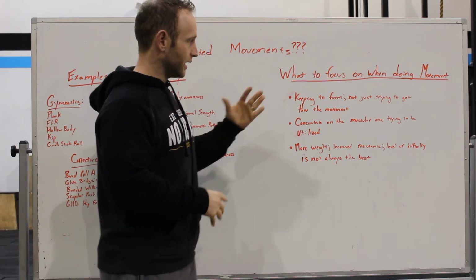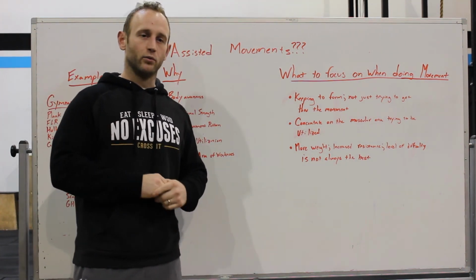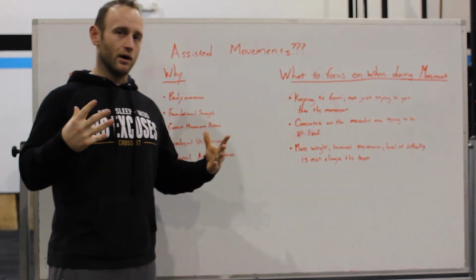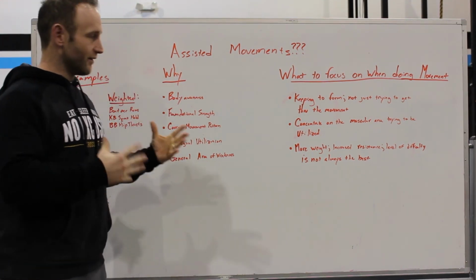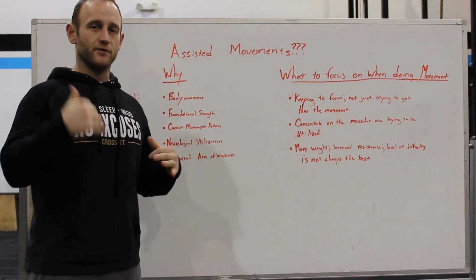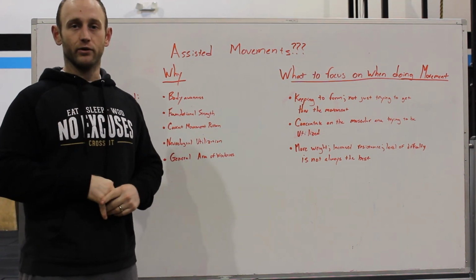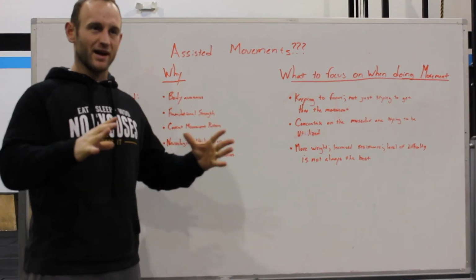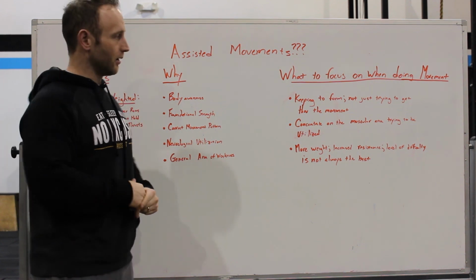But again, assisted movements, you see a lot of them. Try to do at least one every day, if not one every other day, to work on areas as the gym needs. If you have any questions about that, feel free to ask your coach why we're doing it, what we're concentrating on as far as musculature or gymnastics or weight, whatever it is, and make sure you apply all this.